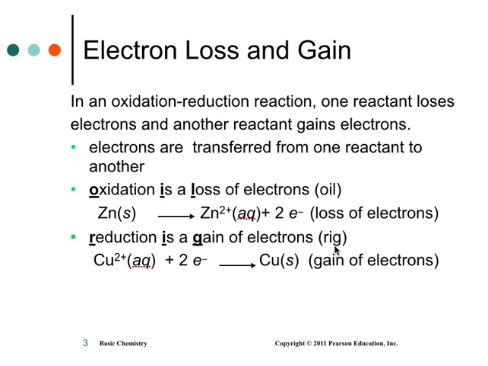In the example given here on this page, zinc metal, which is neutral, if two electrons are stolen, it will become a zinc ion and then can join up with some kind of a negative anion to make a compound. So zinc by itself is not a compound, but if it becomes an ion and then joins up with an anion, then it becomes oxidized. If something takes that electron so that it becomes more negative, then that's called reduction.